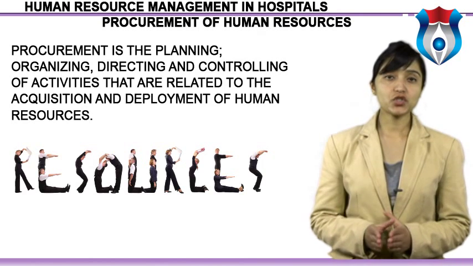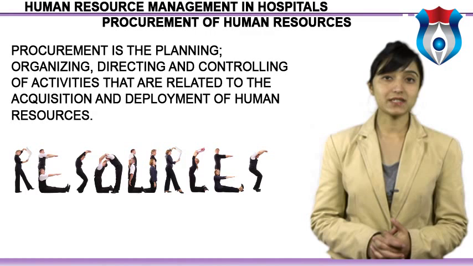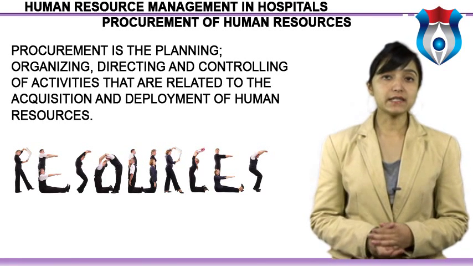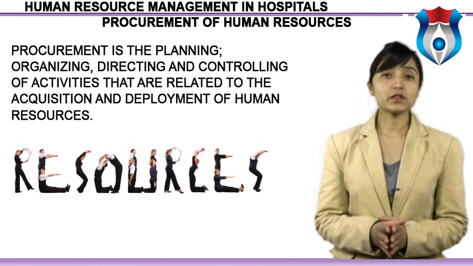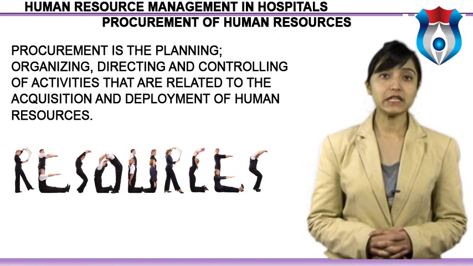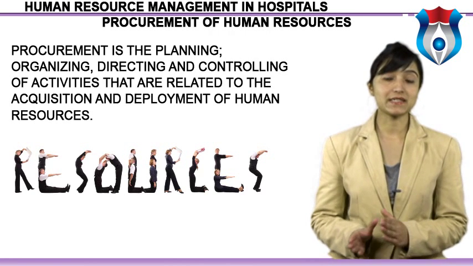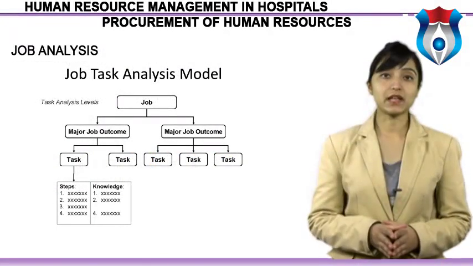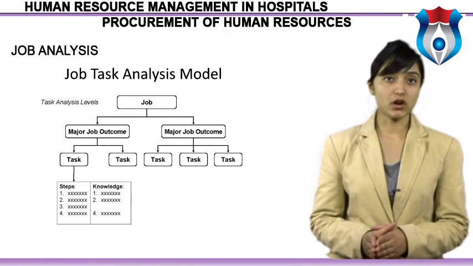Second, he/she will perform activities related to human resource planning for estimating the right number and best combination of people needed to start the functioning of the hospital. Last, on the basis of the human resource plan, he/she has to formulate a recruitment program followed by selection and induction programs.